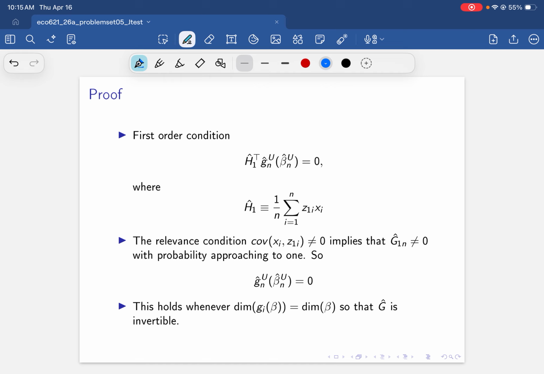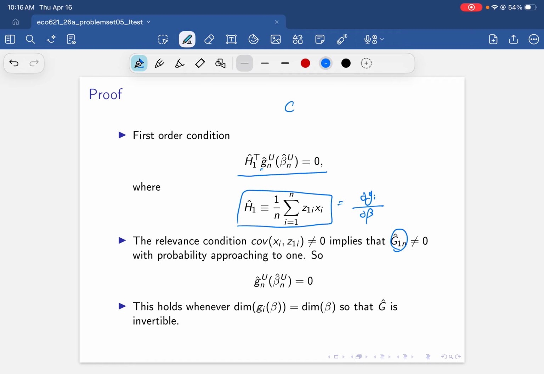We will think about the first order condition where H, so in our lecture note we usually write capital G, but to minimize confusion, since G is already used here, we are going to use H instead. H is this function, which is basically a derivative. The first order condition looks like this in general.